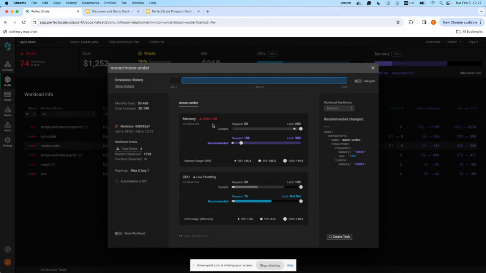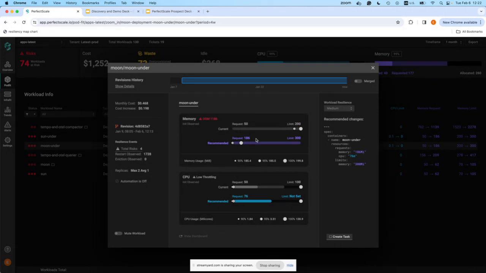Why did this out of memory happen? Someone set the request to be 50, the limit to be 200, and that was the estimation. However, when we look at the utilization, we see that it is very, very close to this 200, and every time we touch this 200, the killer of Kubernetes simply kills the pod.